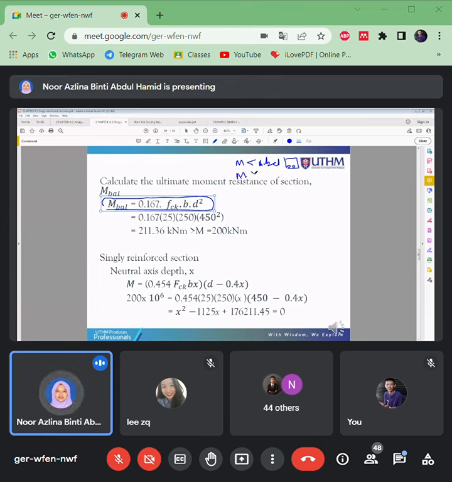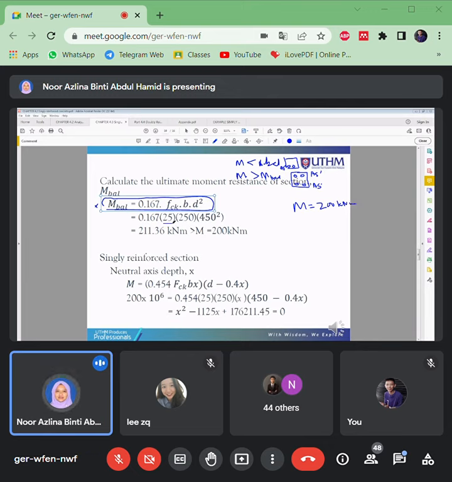If M is more than M balance, it should be doubly, that means it should have AS prime. AS, of course, is the basics. So you have to calculate the M balance. The M we already have, which is 200, to compare with this M balance.